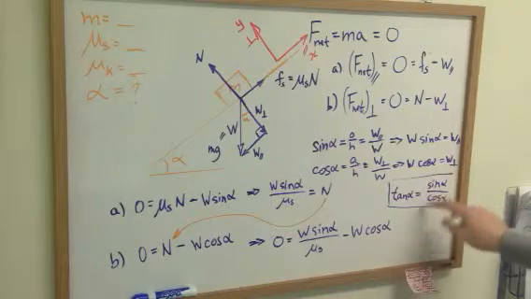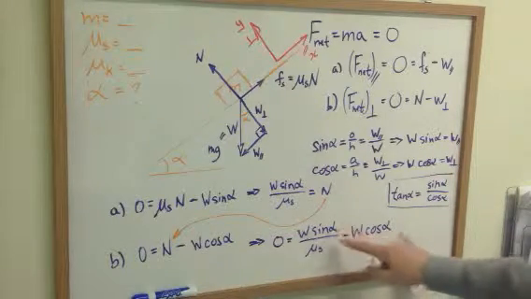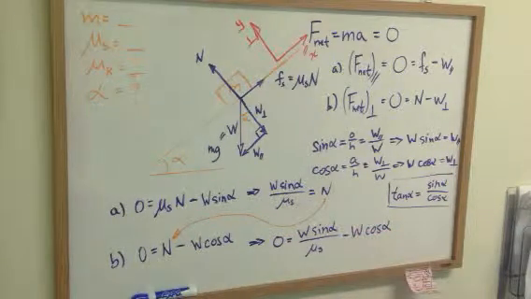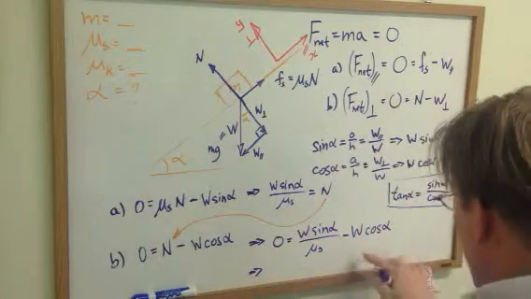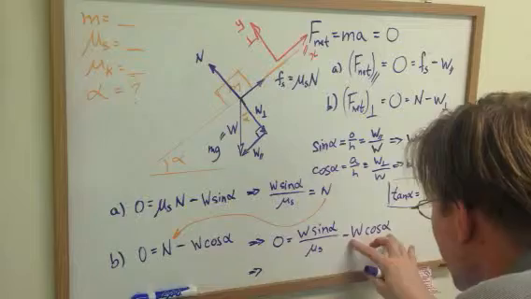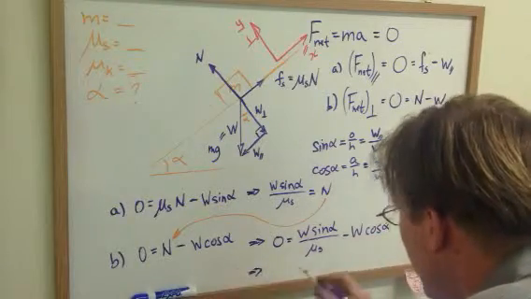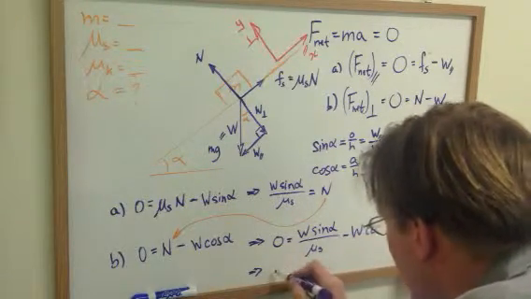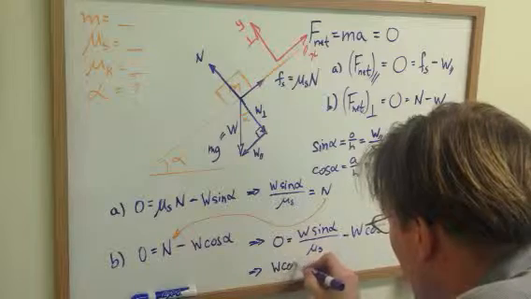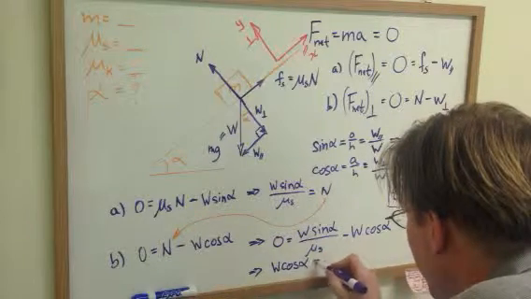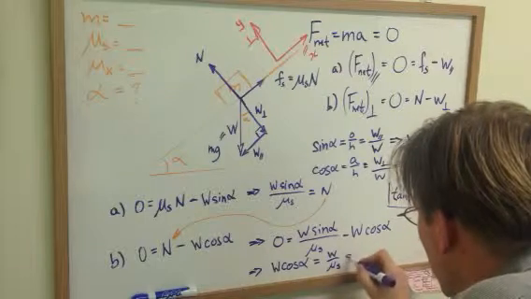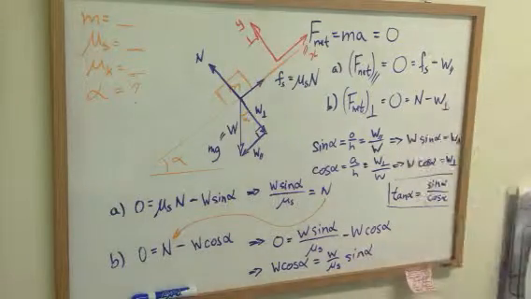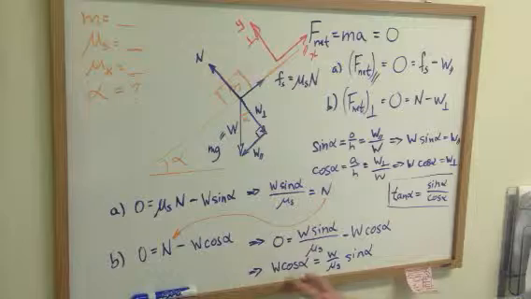So if we can come up with this ratio, we can bring these two alphas together and solve for them. So I'm going to take cos alpha over here. And now I'm going to divide by cos alpha.